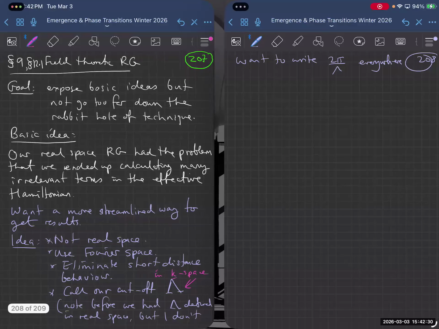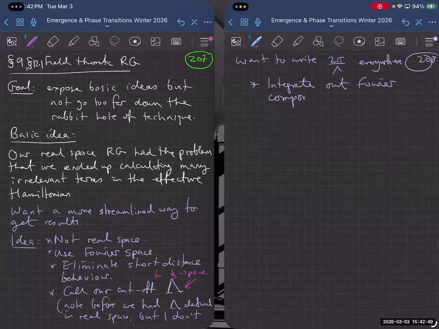All right, so we're going to do that, and what we're going to do is integrate out Fourier components with k greater than lambda. So these are going to be the short distance components.